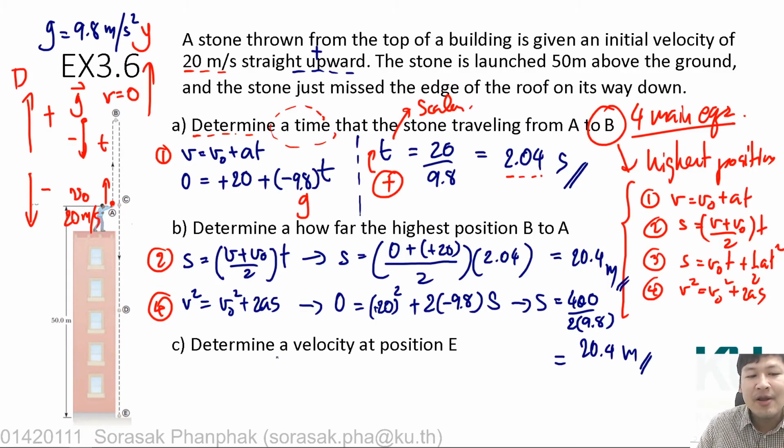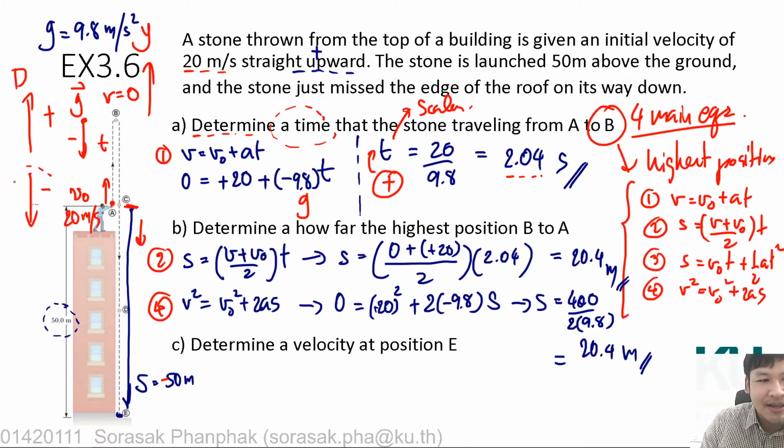So the final one asks you to determine the velocity at this position. Now you have all the information, but you don't know the time of this travel. So the key information is that you know the displacement here, which is below you, and it states this displacement is 50 meters. But the sign of this displacement is minus, because it's going downward here.